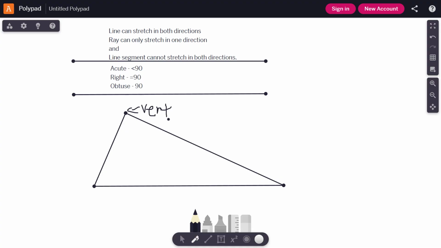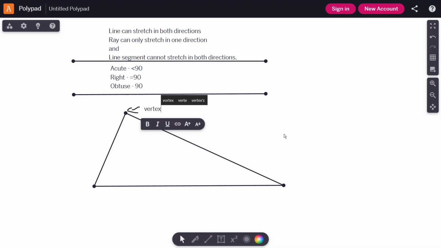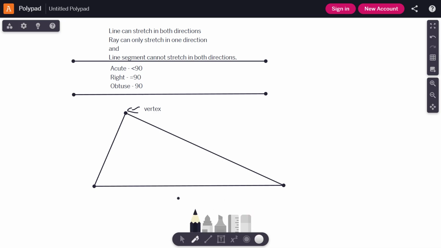Oh my god, I have bad handwriting. It's a vertex. You're not going to be able to read my handwriting if I write it like this. Each point, like this one the arrow is pointing at, is called a vertex.